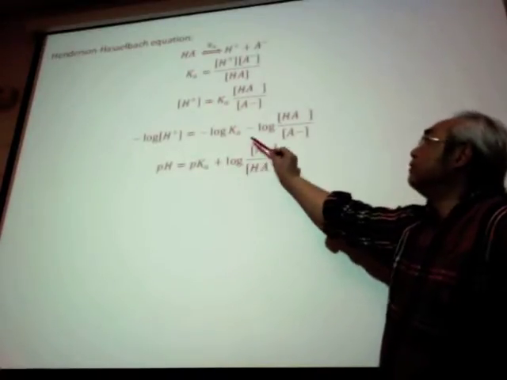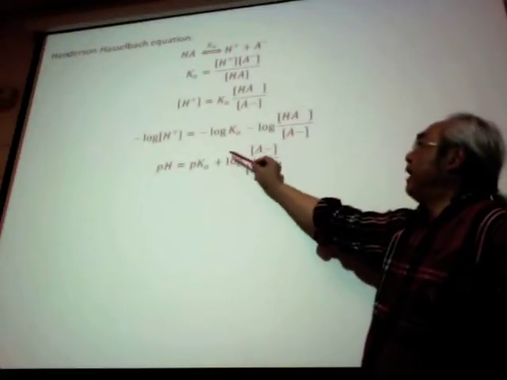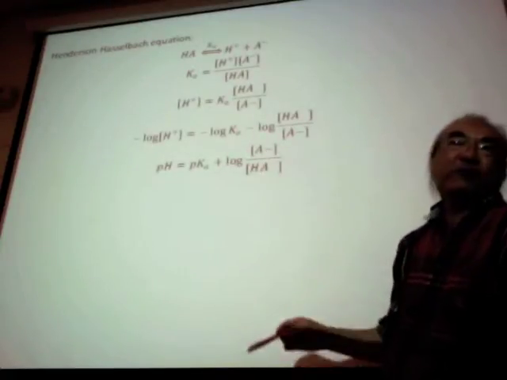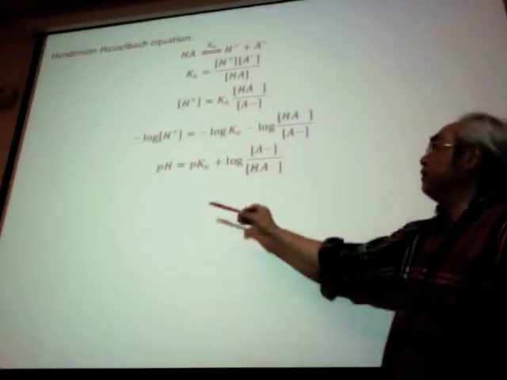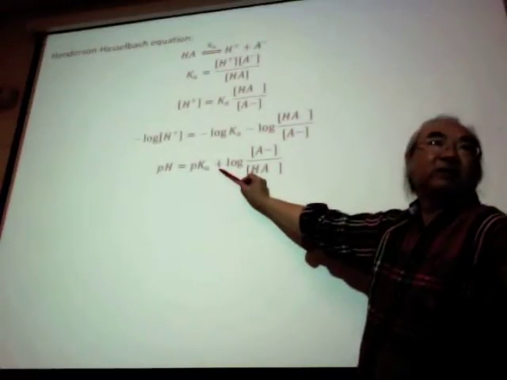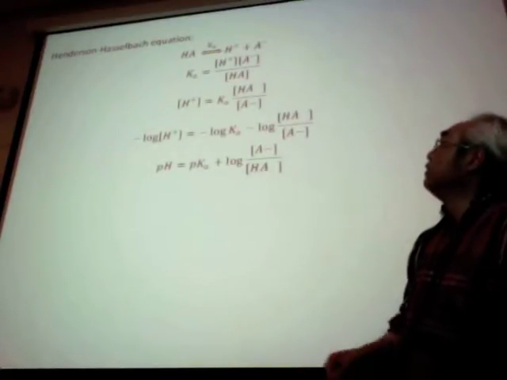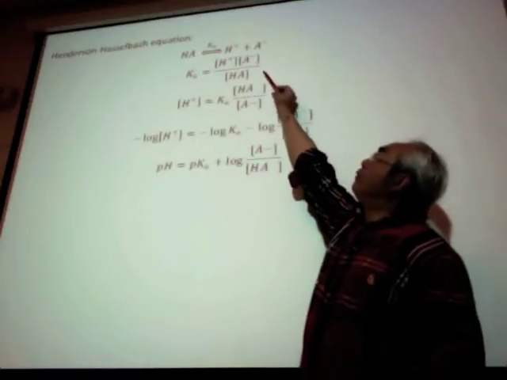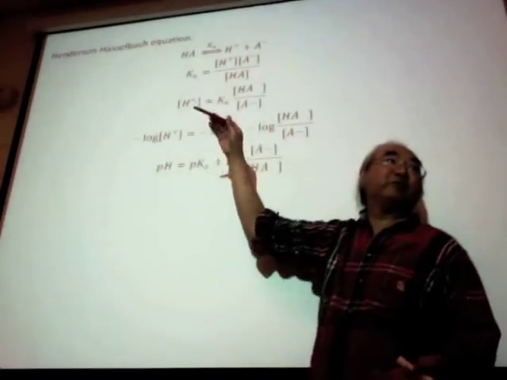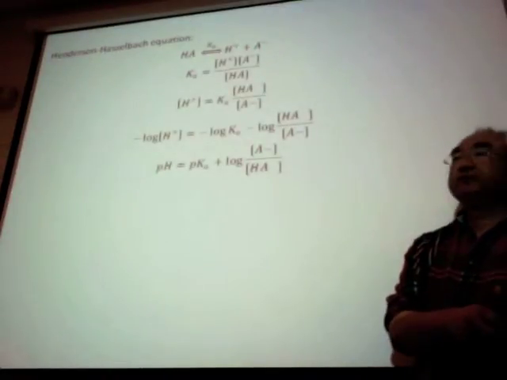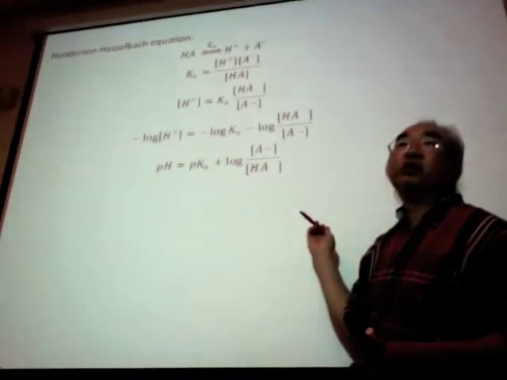I have difficulty memorizing this formula. I always get confused with plus or minus, and which one is on top, whether the acid on top or the base. It depends on the sign here. If this is minus, then you flip it upside down. So for me, I would simply write out the Ka expression and start from there. It's the same thing, but here is the convenience because the pH is set up for you.